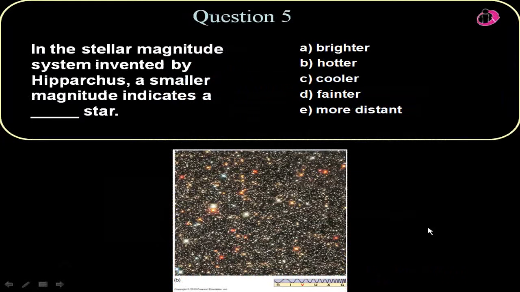Question 5. In the stellar magnitude system invented by Hipparchus, a smaller magnitude indicates the... Absolute magnitude is what we're talking about. And a smaller magnitude, or even in the apparent magnitude, a smaller magnitude means it's brighter, because class 1 were the brightest stars, class 6 were the dimmer stars. So the smaller the magnitude, the brighter the star was.